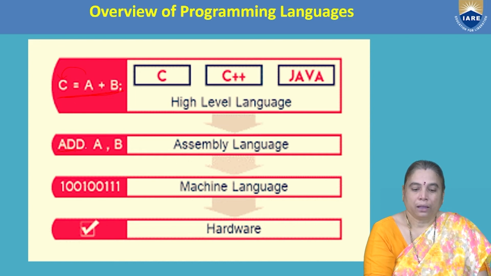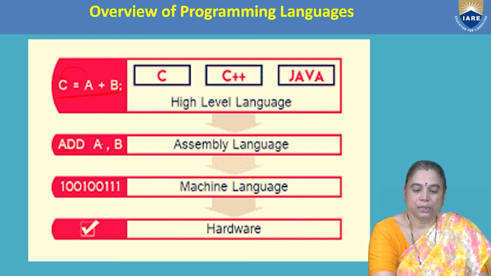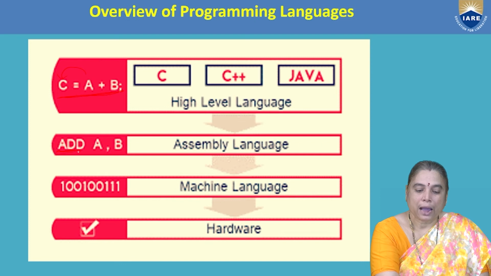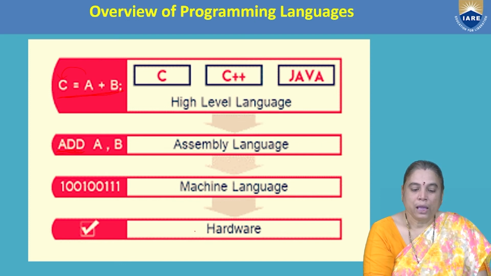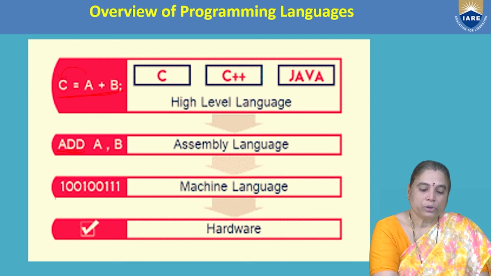Here the operands are stored in registers and supplied to the mnemonic ADD. In the assembly language, the mnemonic ADD is used and the operands are specified. In the case of machine language, it is represented as a stream of zeros and ones, the binary code. Here, with zeros and ones, the same instruction is specified.